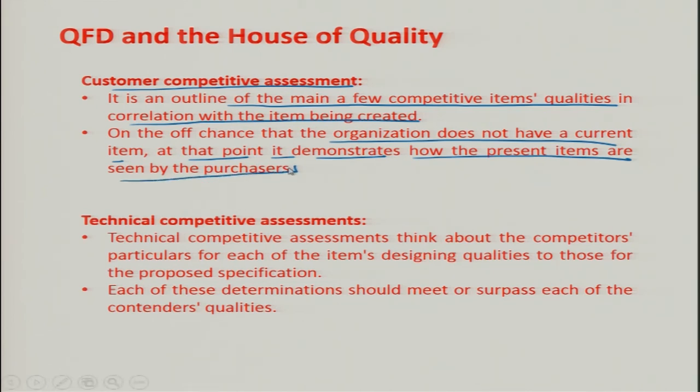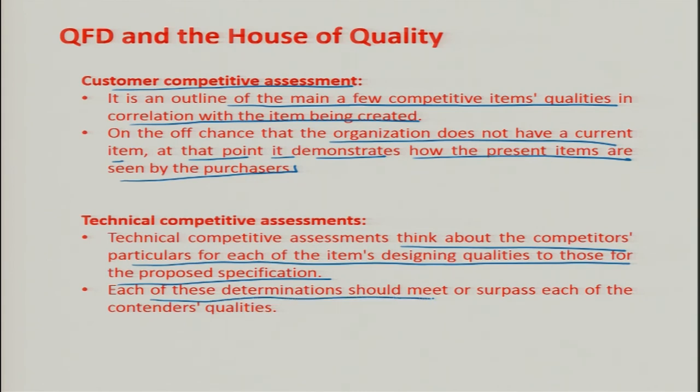Next is the technical competitive assessment. It compares the competitors' specifications for each of the item's engineering qualities to those for the proposed specifications. Each of these specifications should meet or surpass each of the competitors' qualities.